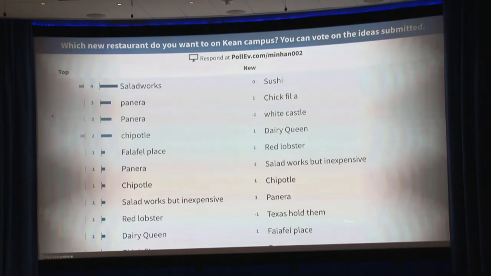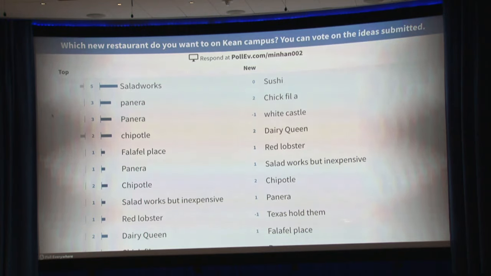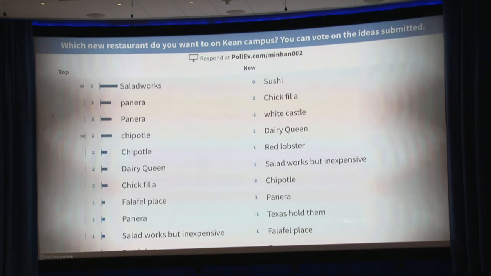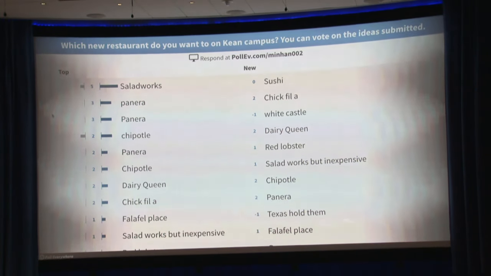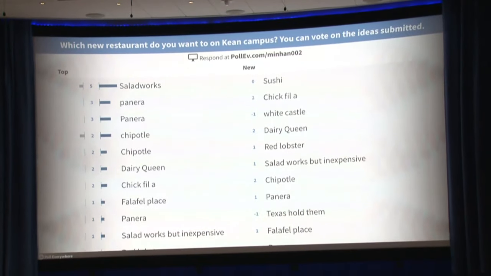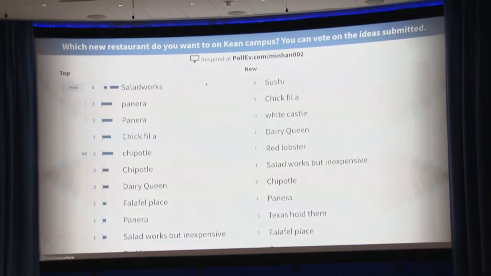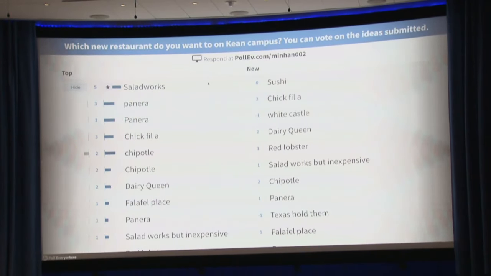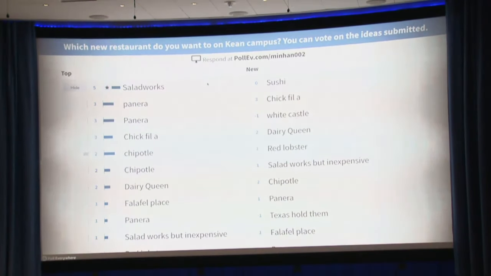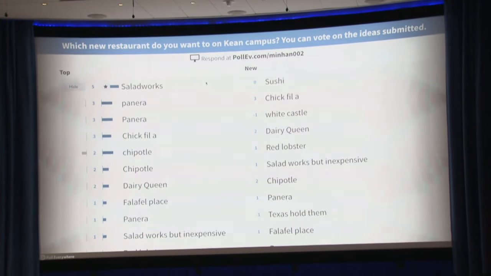So with this result, we can say that we want to have Salad Works on Kane campus. It seems like Salad Works is most popular, but if you include Panera, these two together, then actually Panera is more popular than Salad Works because it has 6 upvotes and Salad Works has 5 upvotes.